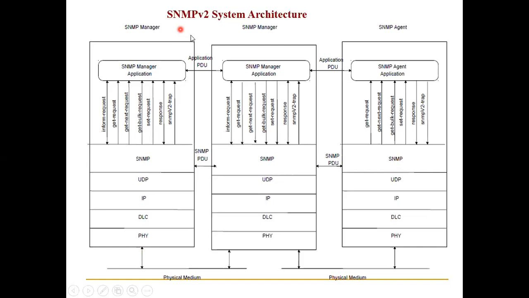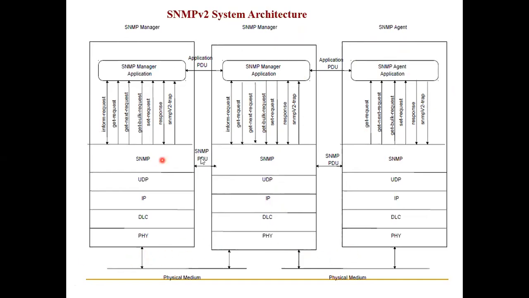Now let us understand the SNMP version 2 architecture. I don't know whether you are drawing or not. Here I have 2 managers and then 1 agent. Earlier we had only the manager and the agent. Here we have the SNMP manager application and the SNMP agent application, and they are connected through the physical layer.